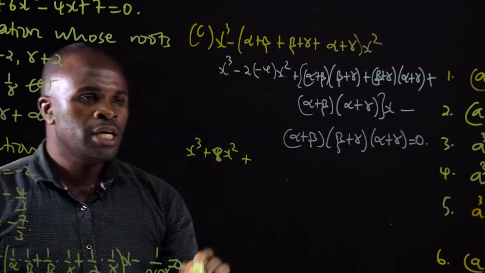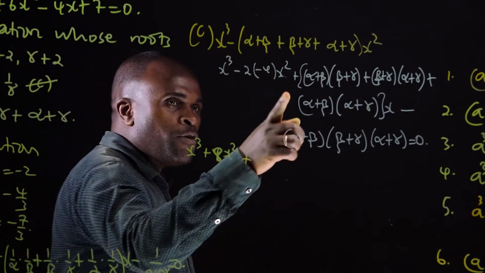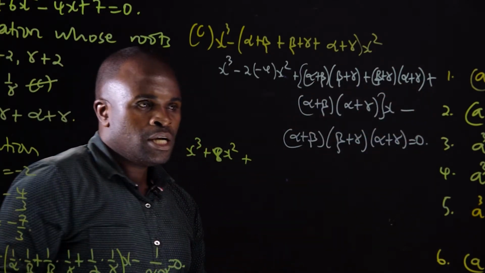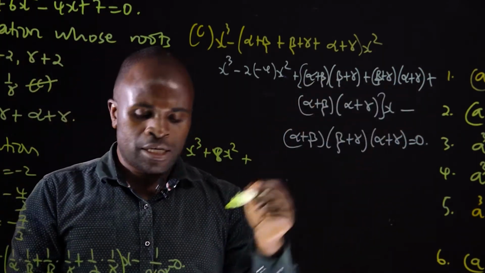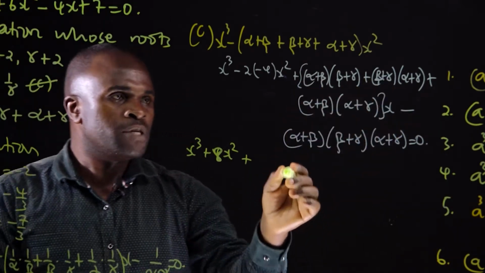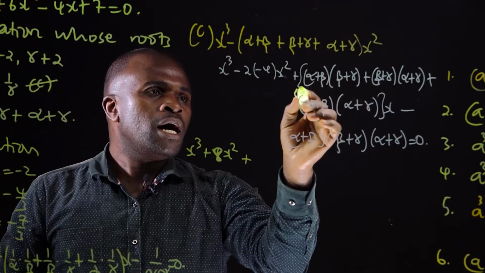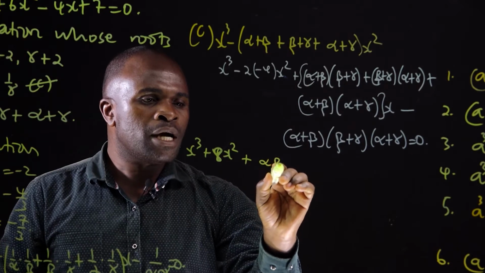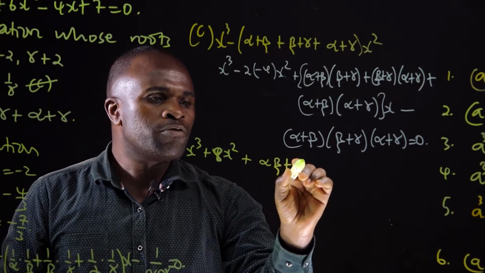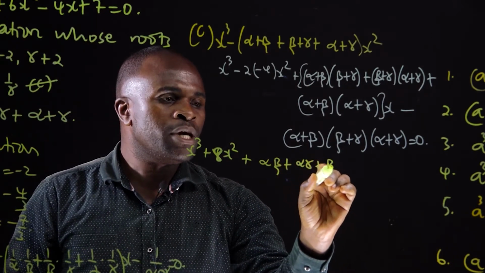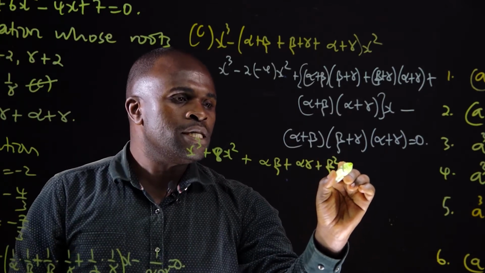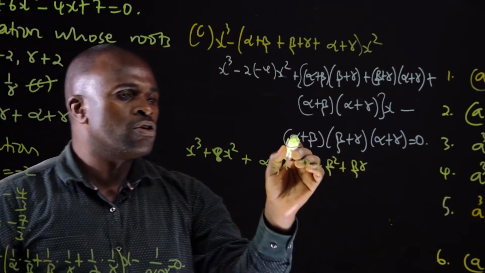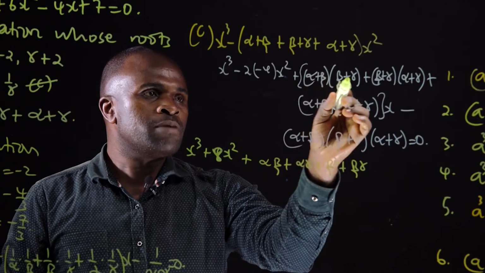So you must perform the expansion on this part, expanding carefully. Alpha times beta, alpha, so you get alpha squared, alpha beta, alpha gamma, beta squared, beta gamma. So you have to take alpha times beta, alpha times gamma.